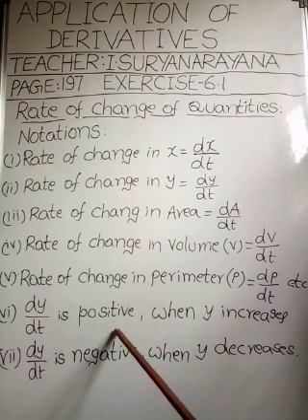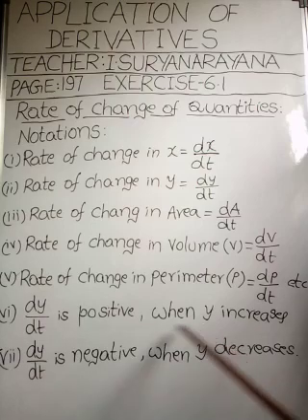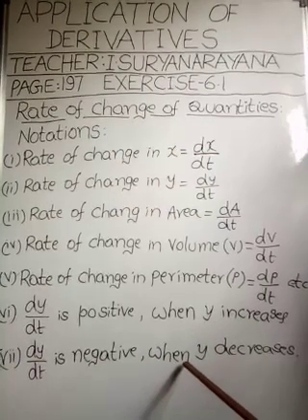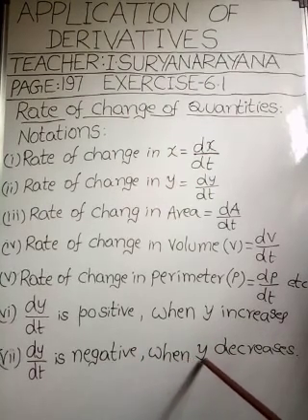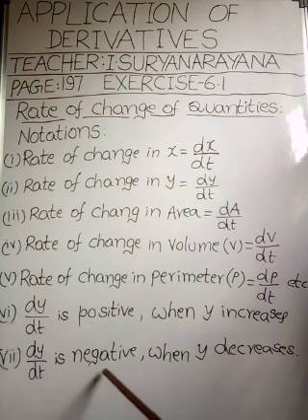Understood this point, my children? Similarly, if dy by dt is negative, it means y is decreasing. In the reverse order, if they give that y is decreasing, it means dy by dt should be taken as negative. Understood this point, my dear children?